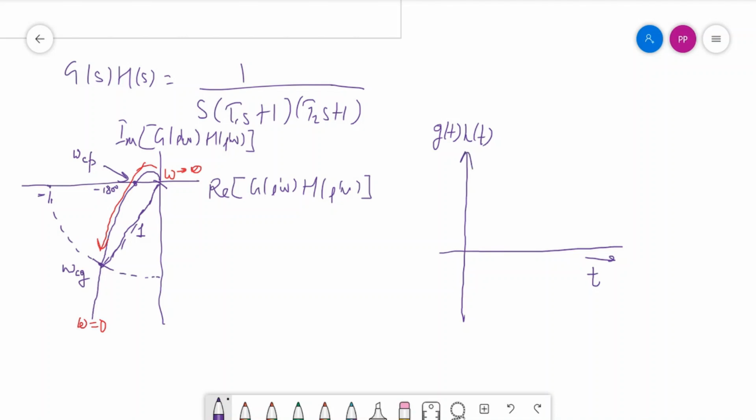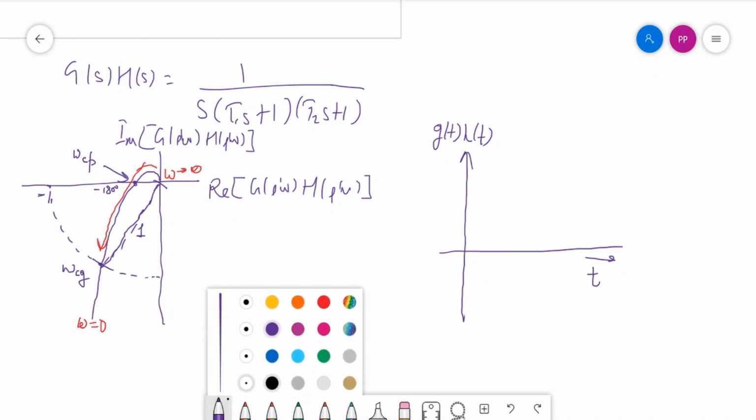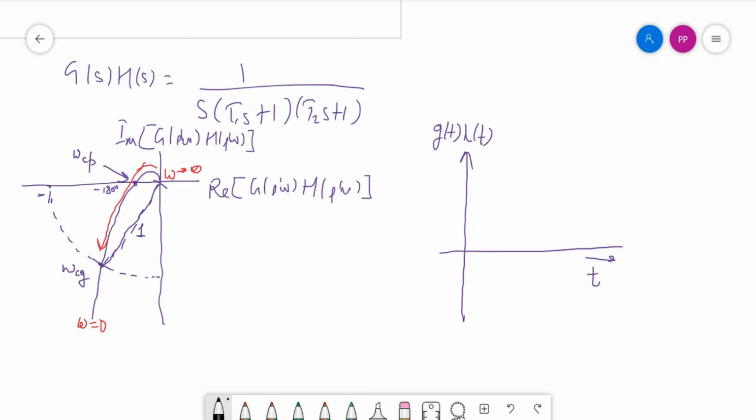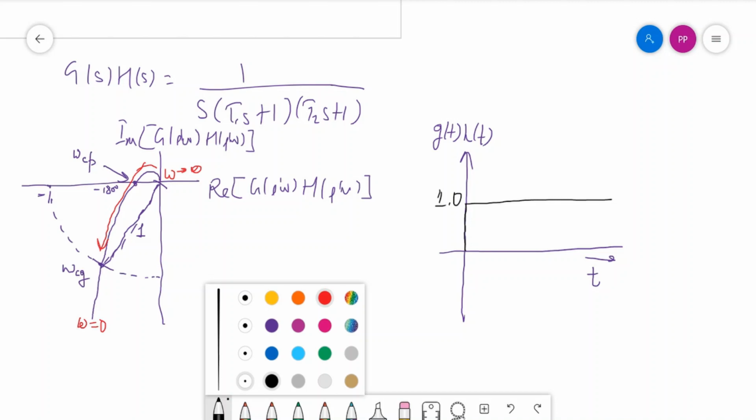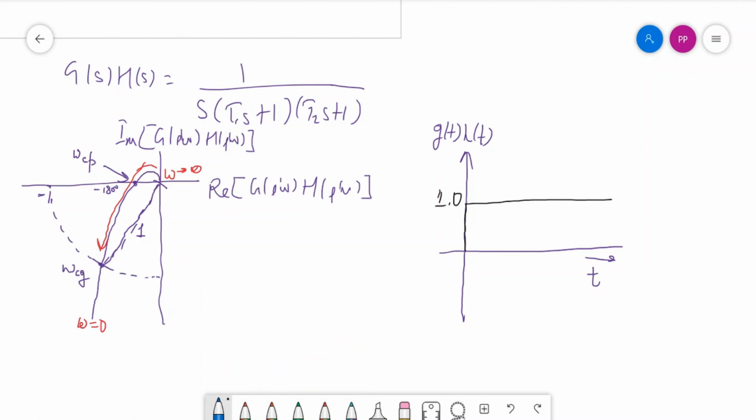So this is the magnitude, and suppose I am giving a step input to the system. The step input should be like this. This is the normalized input and output 1.0, and how will the system respond to this? Let us draw it. So we can say that a system may have this kind of response.